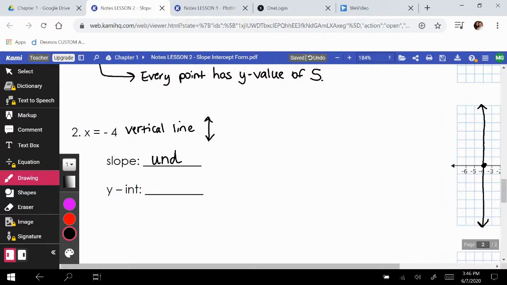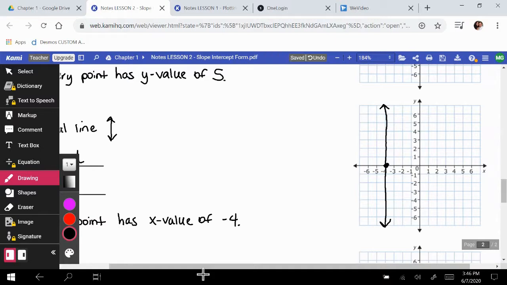Remember, x equals -4 means that every point on the line has an x value of -4. So just think about some points that would have an x value of -4. Here we have -4, 0, -4, 1, -4, 2, -4, 3, etc.